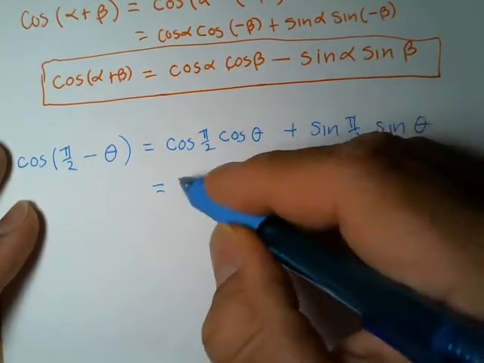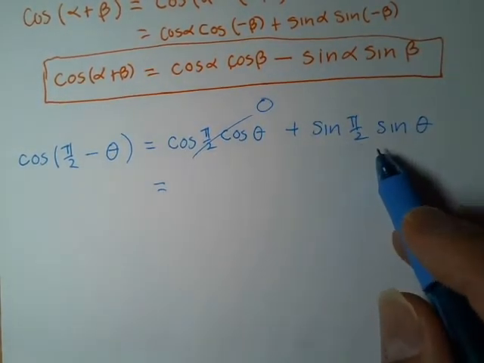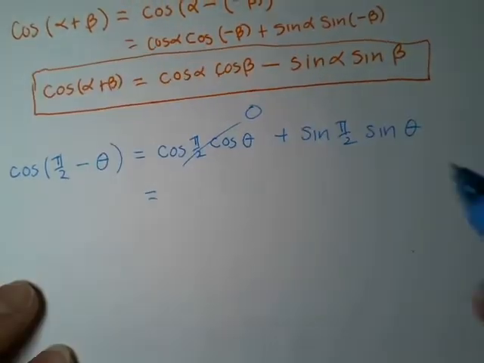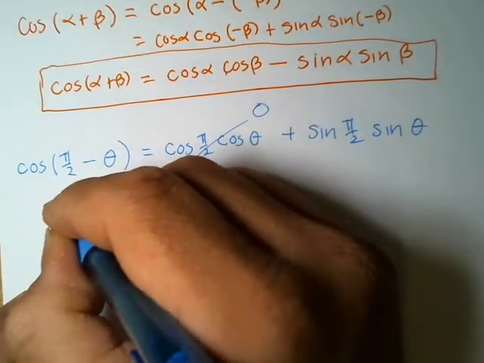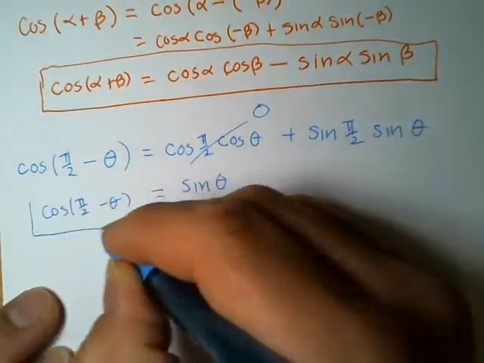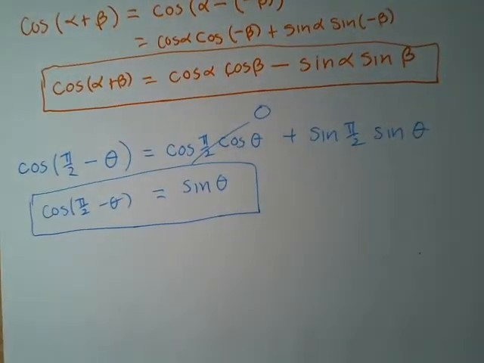Cosine theta is 0, so this goes to 0. Sine of pi over 2, that is 1, the y-coordinate, so 1 times sine of theta, we get sine of theta. So we get this nice property here. And this is what's called a cofunction identity.